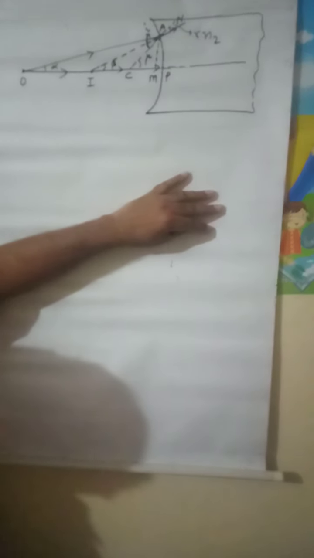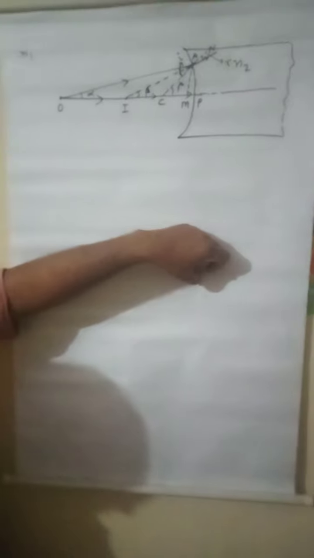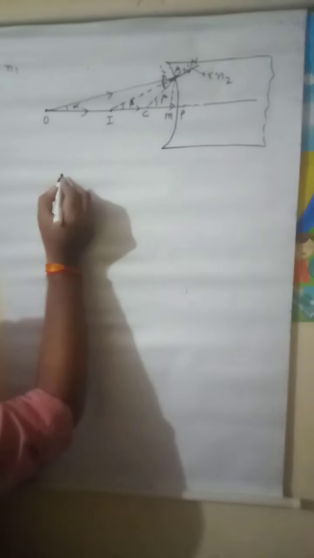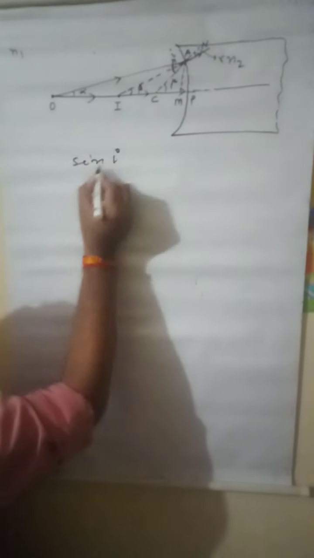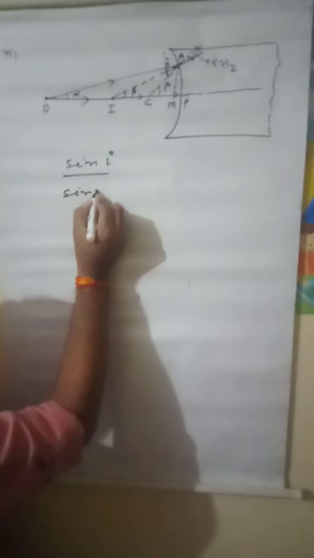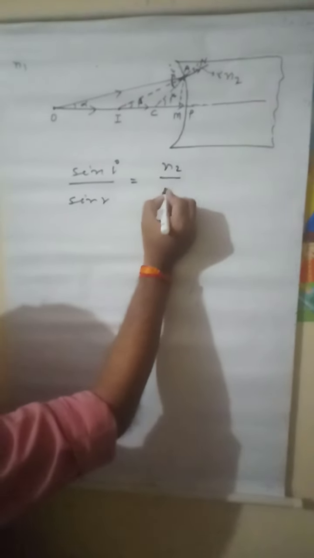Now, since we are discussing refraction, we must use the law of refraction, that is Snell's law. Using Snell's law, we write sin i upon sin r equal to n2 by n1.